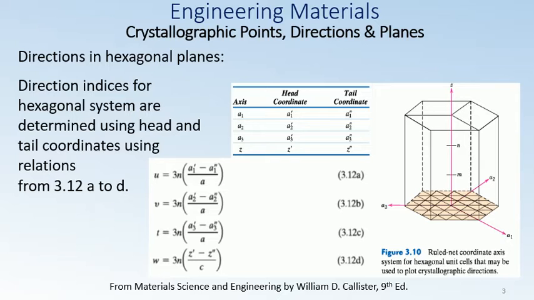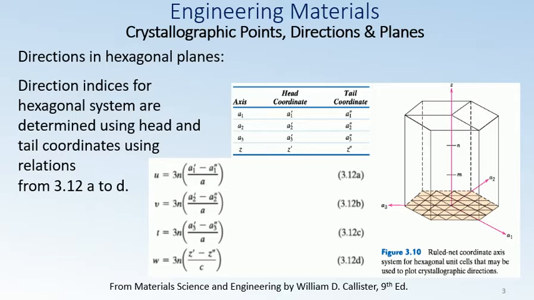To draw the direction coordinates, you again take a vector that points along one of these axis directions, a1, a2, a3, and you determine the length as per the length of the vector.